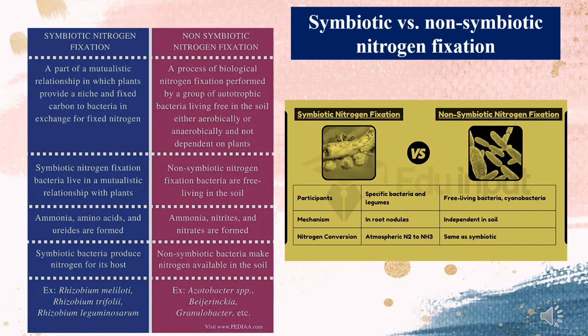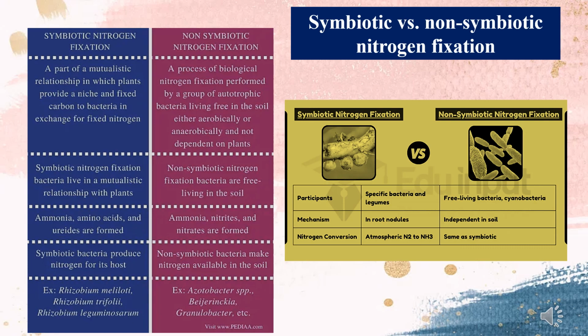In symbiotic nitrogen fixation, bacteria live in a mutualistic relationship with plants, whereas non-symbiotic nitrogen-fixing bacteria are free living in the soil. In symbiotic nitrogen fixation, ammonia, amino acids, and ureides are formed, whereas ammonia and nitrates are formed in non-symbiotic nitrogen fixation.